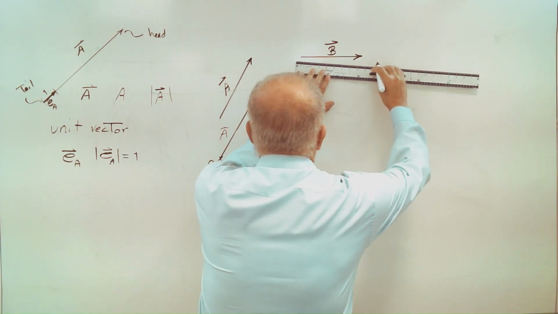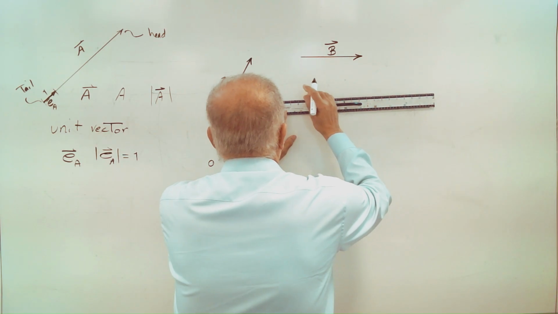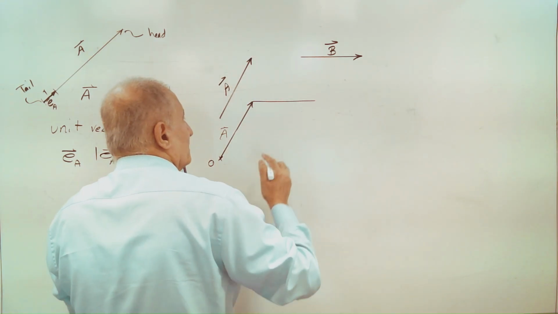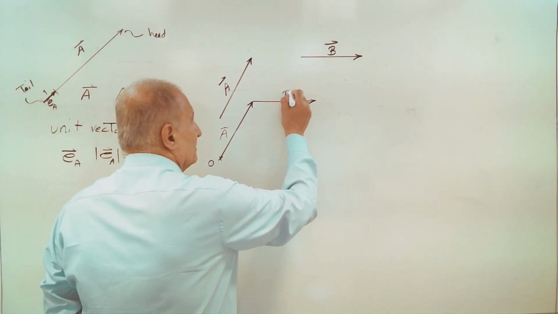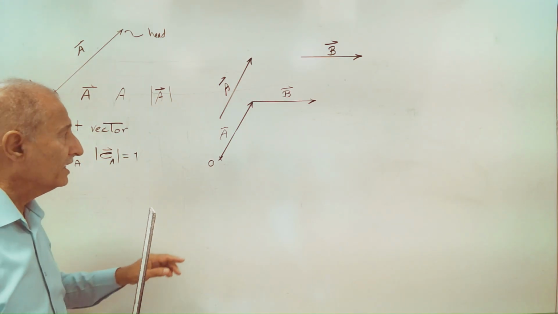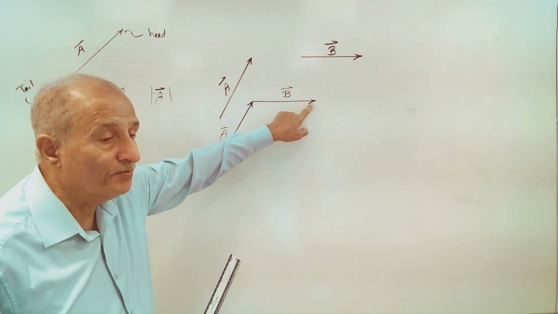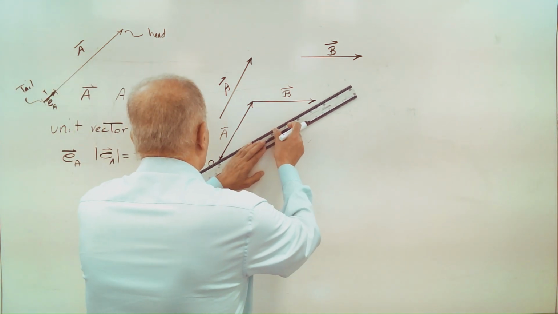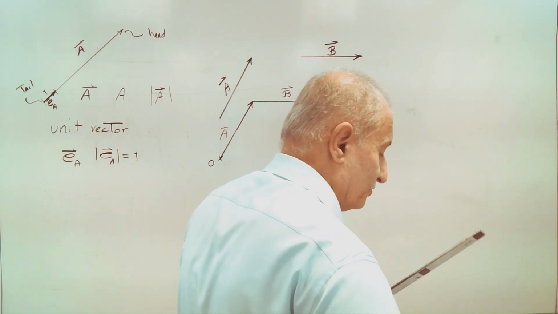Then, how much is the magnitude? 8 inches. I draw 8 inches parallel and equal to B. That's vector B. Then if I attach the tail of A to the head of B, that's called the summation of the vectors. Let's use another color.